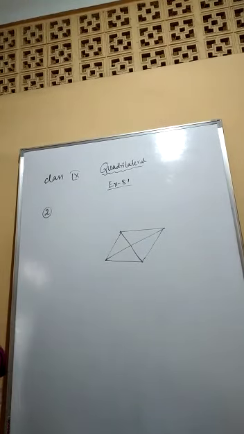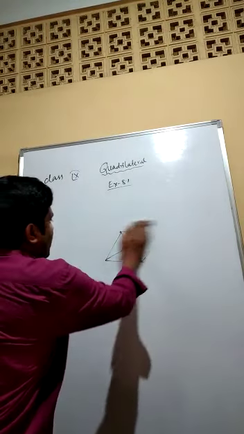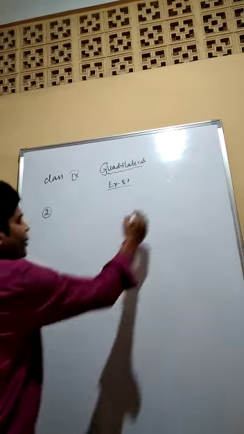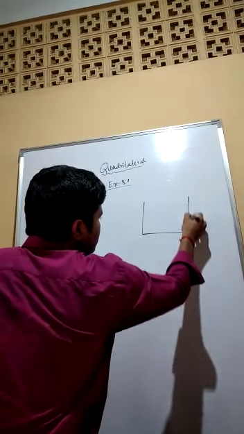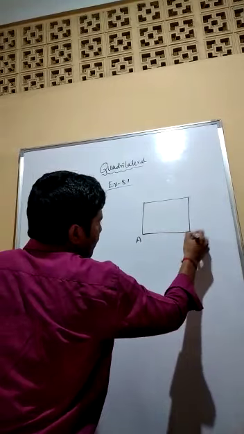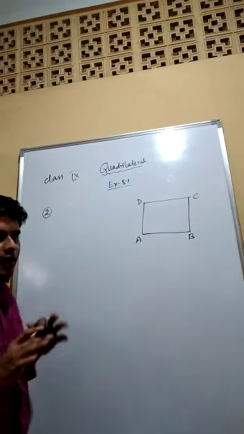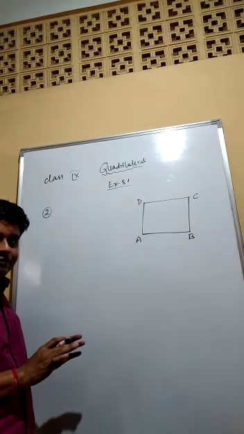So better you draw one rectangle and consider it as a parallelogram. Okay. So let me draw this. Suppose A, B, C, D. Okay. So A, B, C, D I have drawn here. This is a parallelogram. Okay.